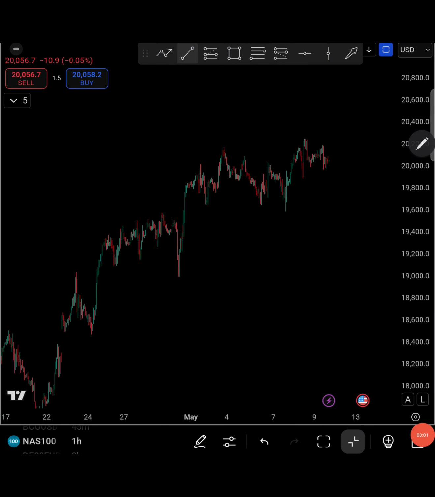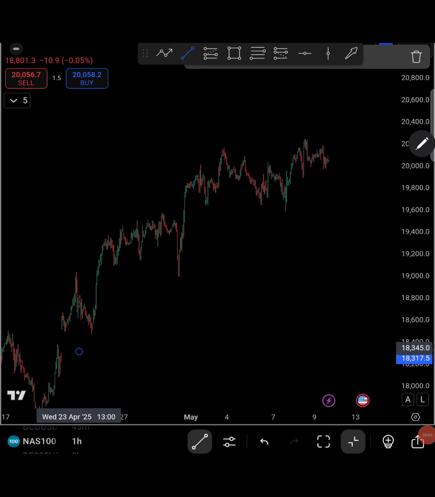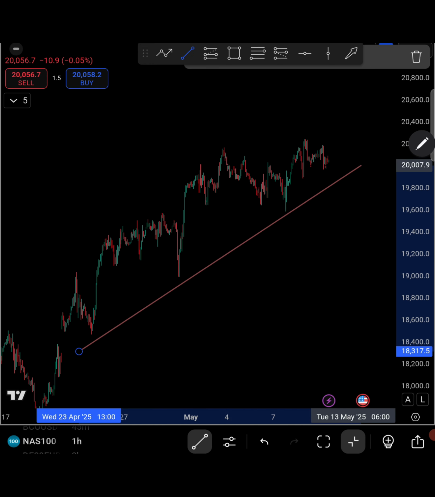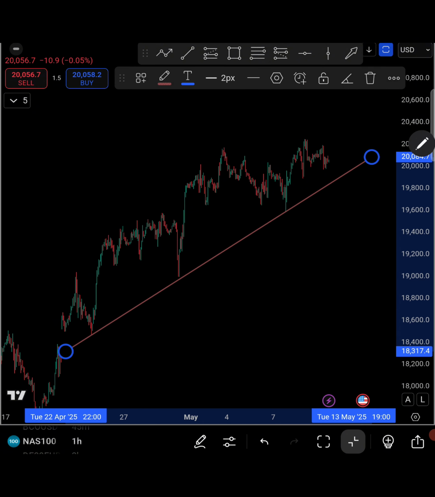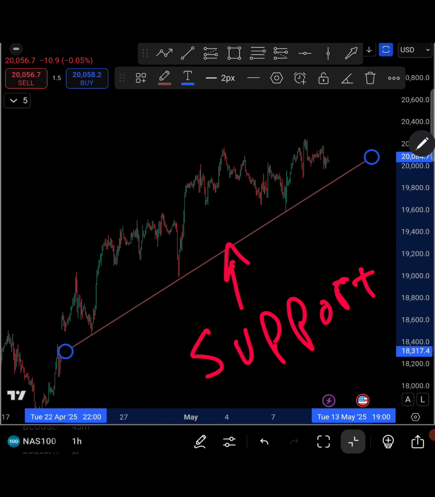Just a quick review that you saw in the uptrend, the market moves upwardly, and the trend line shows you that and shows you the speed of it and shows you that if this is a support, it is an uptrend, and it shows you the speed that the market moves at.